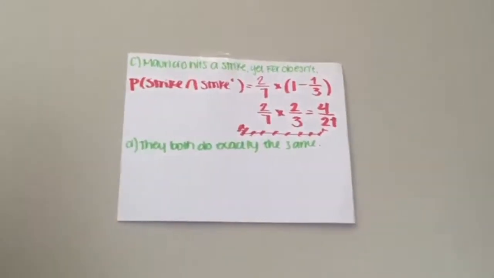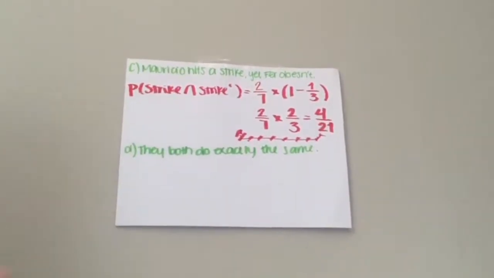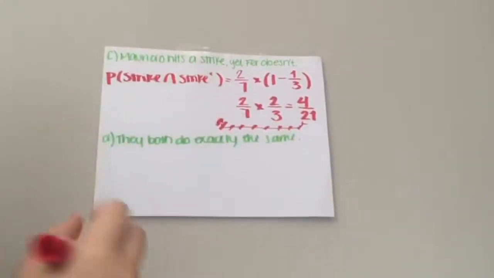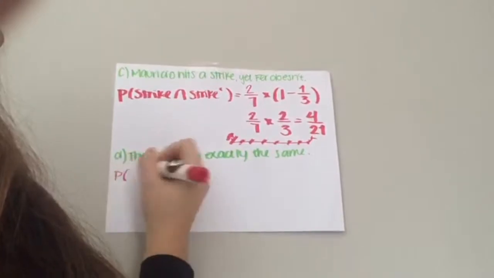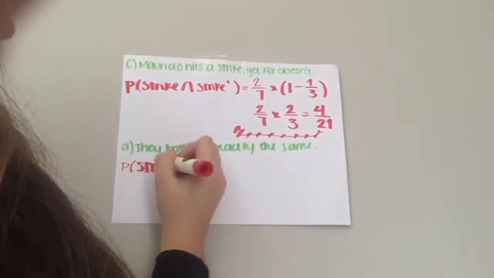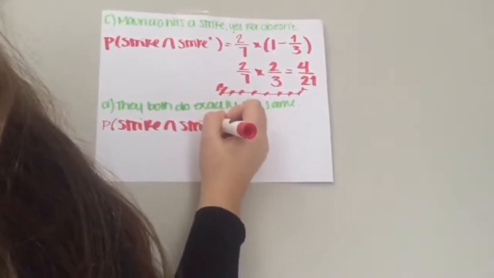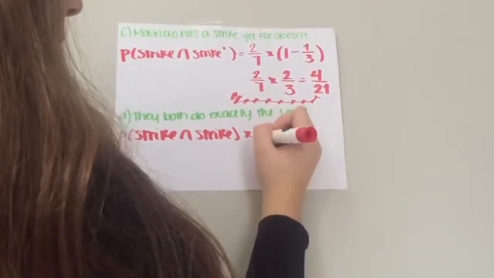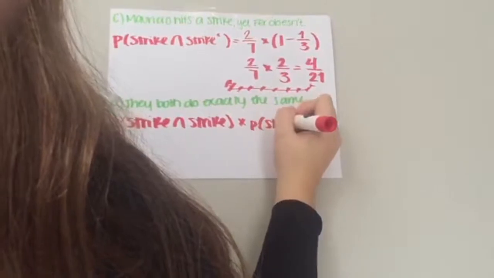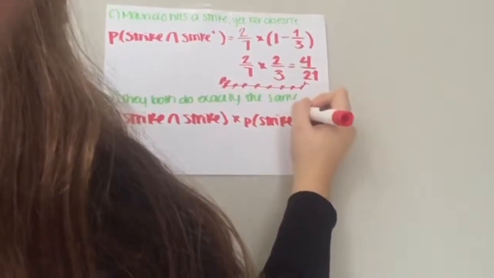Now letter D, it says they both do exactly the same. In here we have to multiply two probabilities. The probability that they both hit a strike times the probability that they don't.